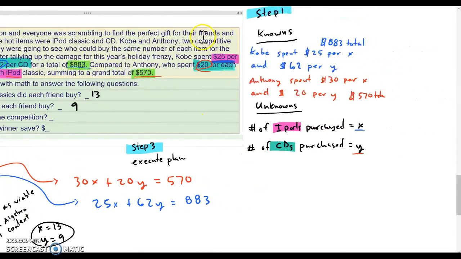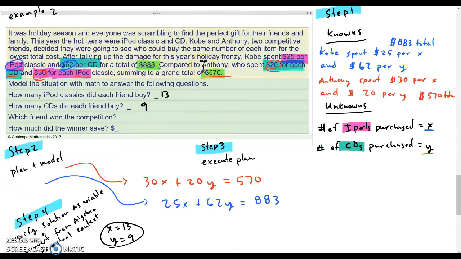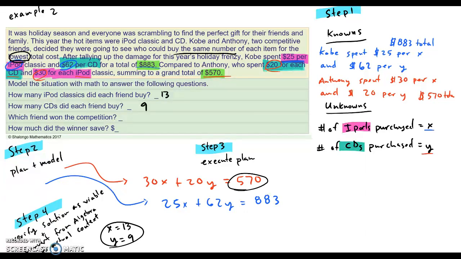Well, they were competing to see who could buy the same number of each item for the lowest cost. Well, if we look at the two, it's quite clear that Anthony spent less money. So we can say, which friend won the competition? Well, Anthony, because he bought the same amount of iPods and CDs for lower cost.